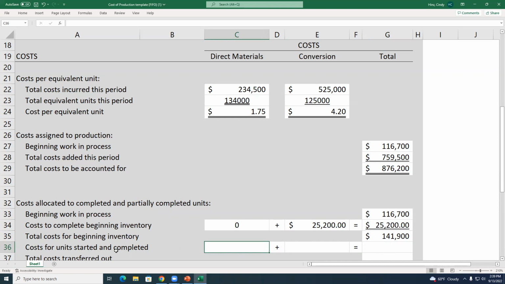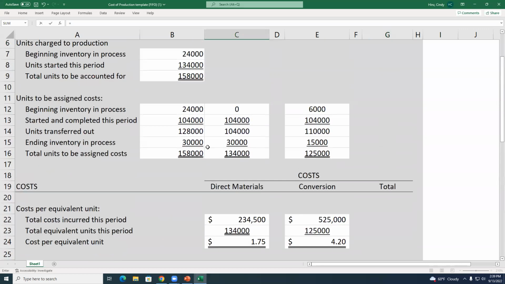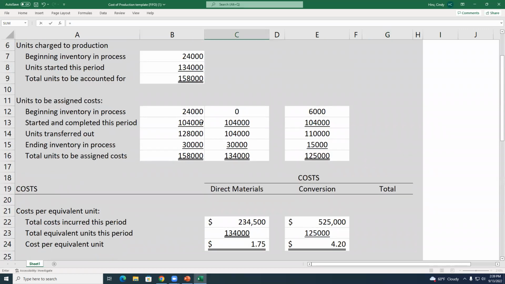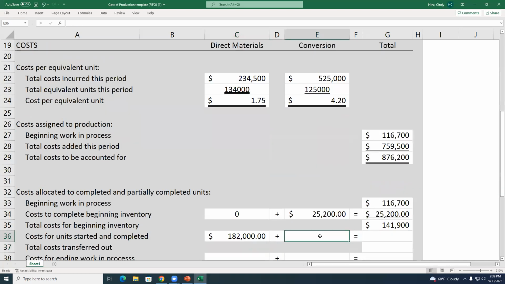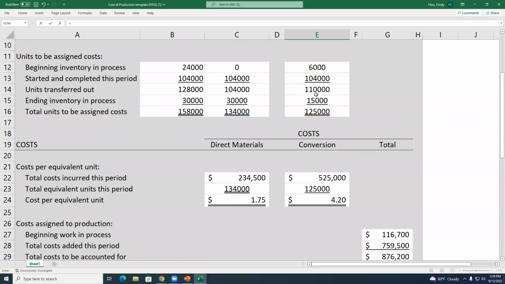The next line says cost for units started and completed. So we already calculated that up here too. Units started and completed, 104,000. We have 104,000 units of direct materials at $1.75 each, and 104,000 units of conversion costs at $4.20 each.